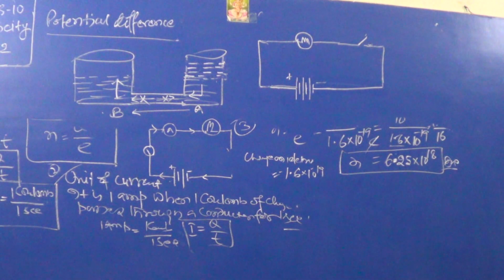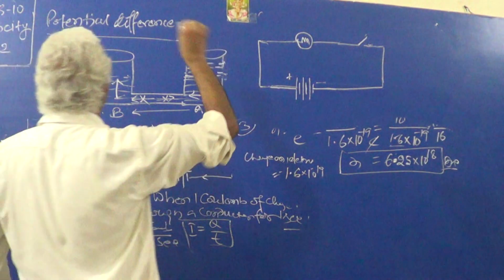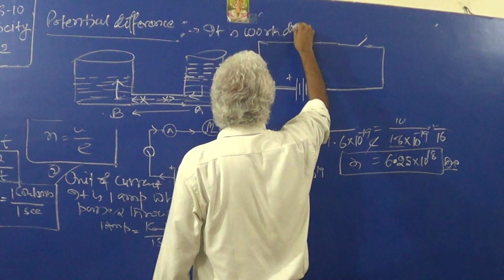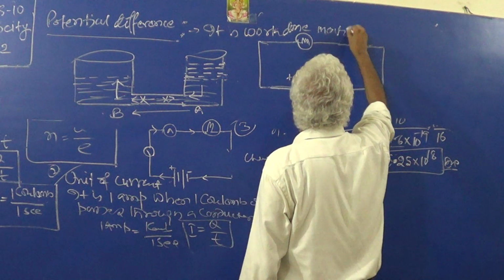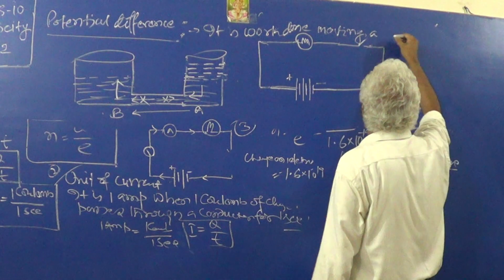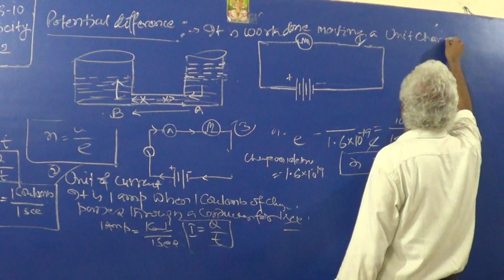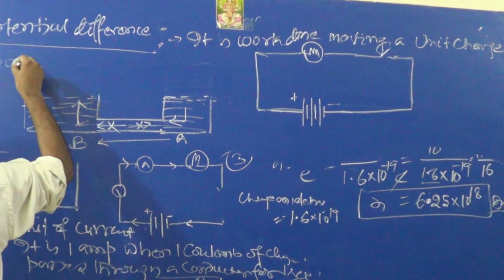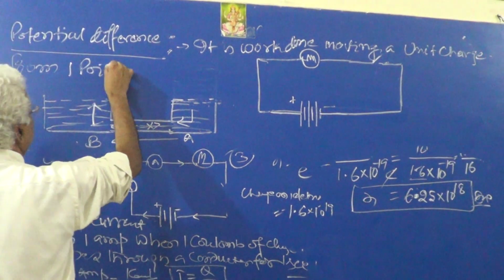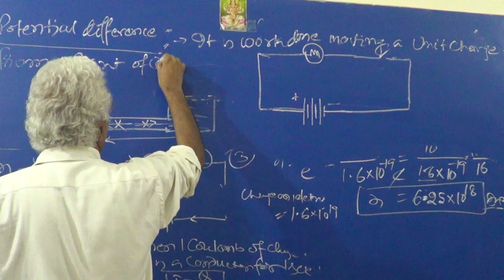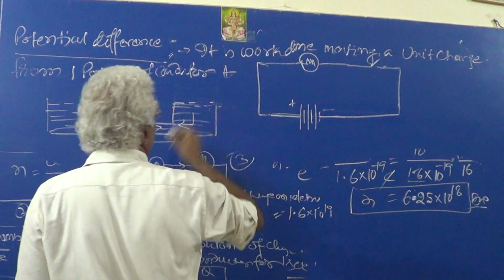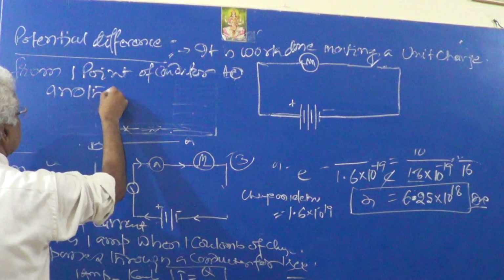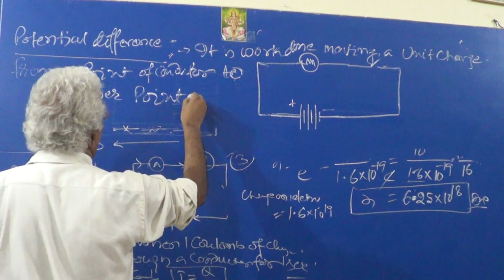Potential difference is the work done in moving a unit charge from one point of a conductor to another point. That is called your potential difference.